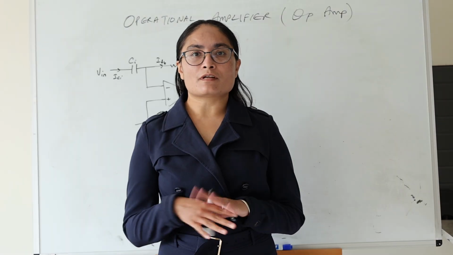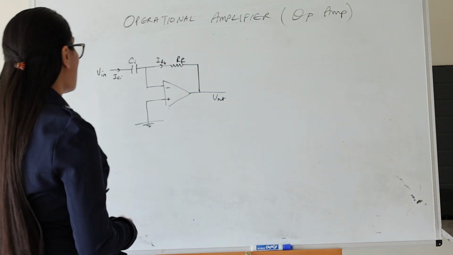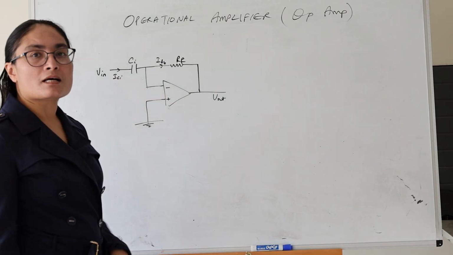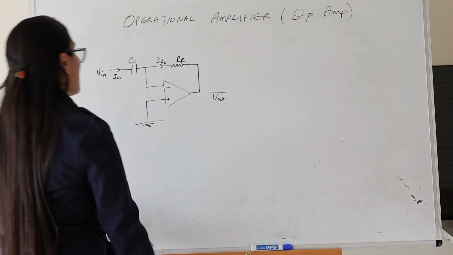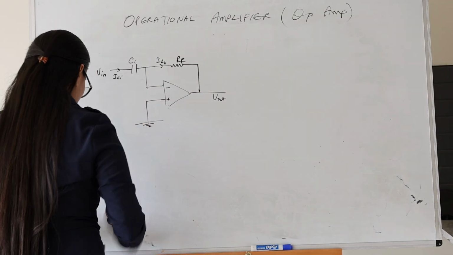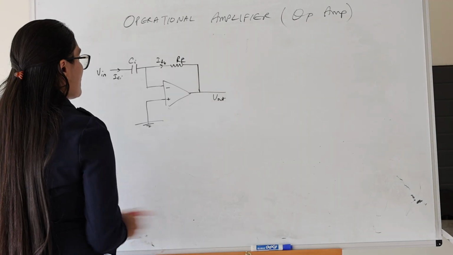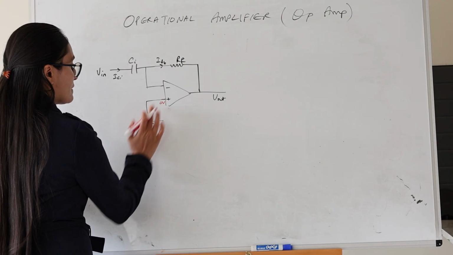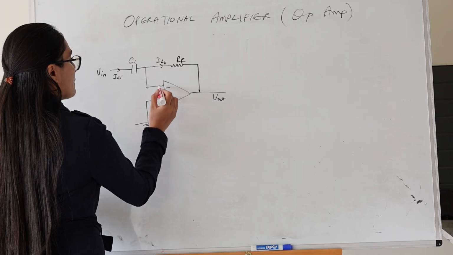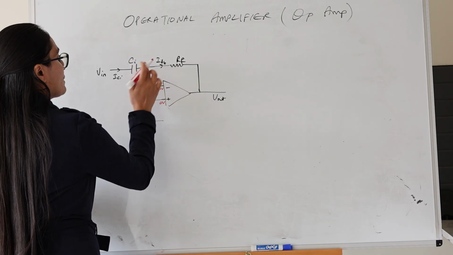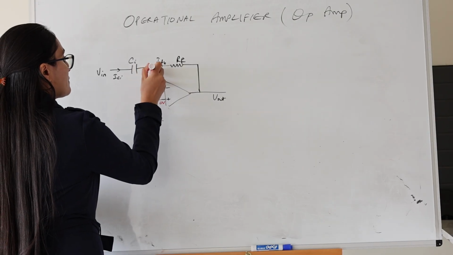The circuit for the differential op-amp looks something like this. Here we'll need to introduce a capacitor, and we'll see why. We again do the circuit analysis. What we know is the voltage at this point is 0 volt, since this is just connected to the ground. Therefore, the voltage at this point is also 0 volt, and the voltage at this point is also 0 volt.